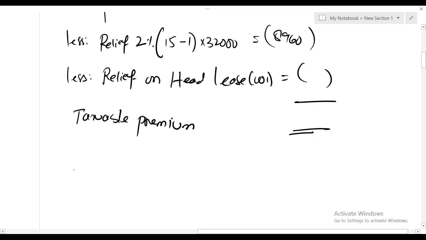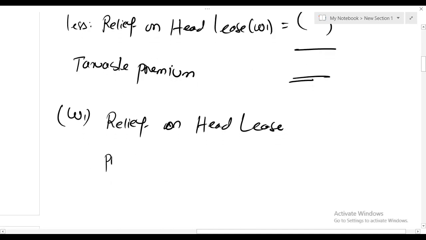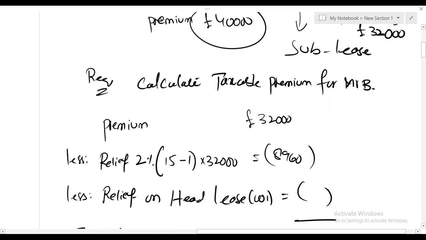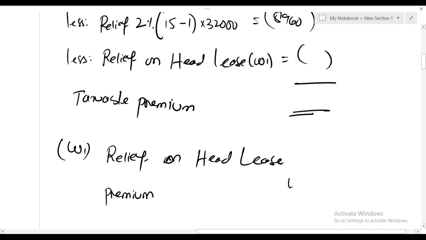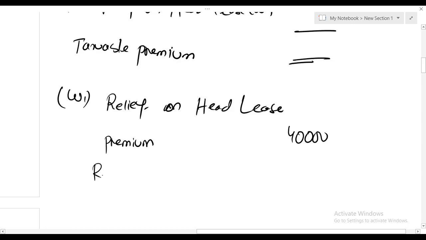So let us calculate working one. How do we calculate relief on head lease? It's very, very simple. First you need to write the premium which is involved in the head lease, which is 40,000. Now you need to deduct a normal relief from this premium also: 2% (n minus 1) into 40,000.